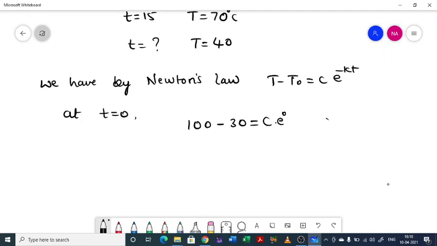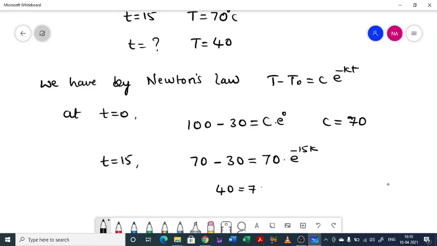E power 0 is 1, so C will be 70. At t equal to 15, capital T is 70 minus temperature of the air 30 equals C, which is 70, into e power minus 15 k. So we get 40 equal to 70 e power minus 15 k.